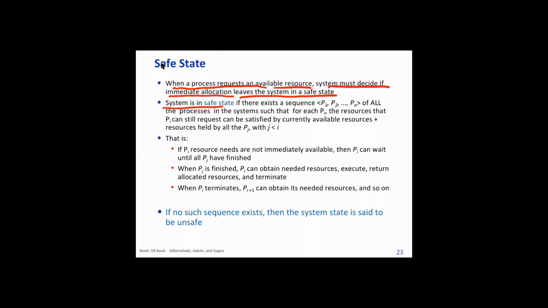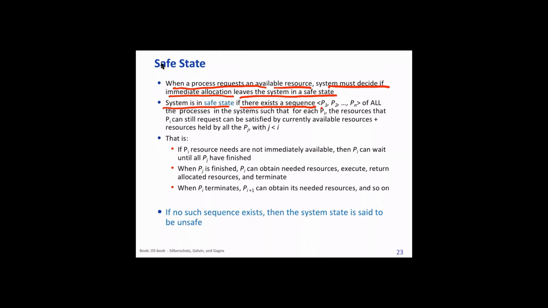A safe state is a state where there exists a sequence P1, P2, P3 up to Pn. Note that P1, P2, etc. are just some index or name for the processes. It could be any sequence, P2, P1 or whatever.